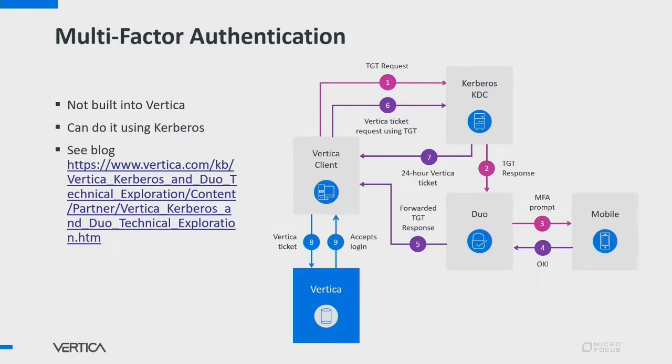But Vertica already has a user authentication solution, so why use Kerberos instead of LDAP with Duo to set up MFA, you might ask? One answer is that it's more convenient for the users. The typical user authentication design, using LDAP, for example, frequently asks users to re-enter their credentials.